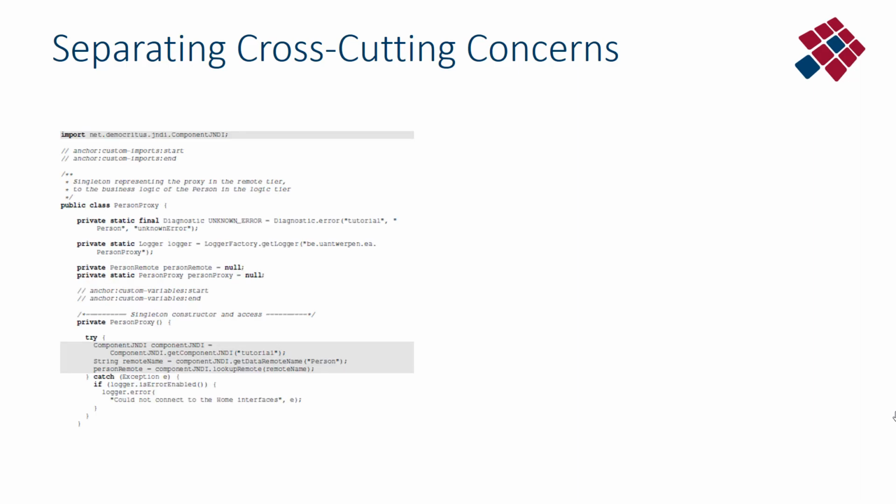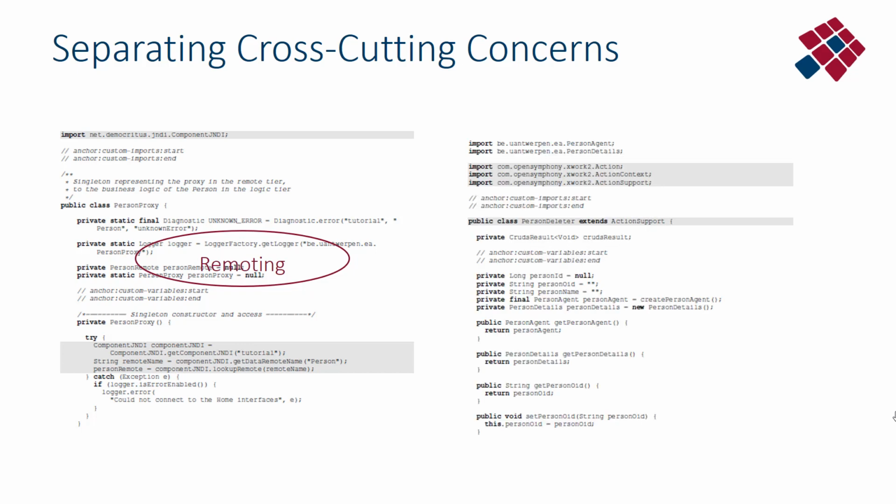And you can see some other examples, like here for remoting, where you have some Java Naming and Directory Interface dependent code, or in a model view controller where you would have some, for instance, model view controller Struts dependent lines, a couple of lines of code. Once again, represented in shaded lines of code.